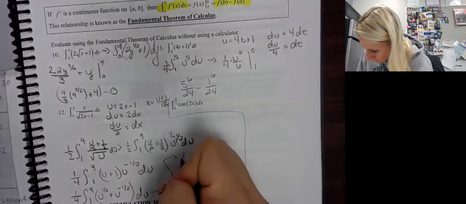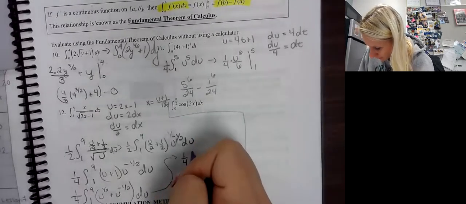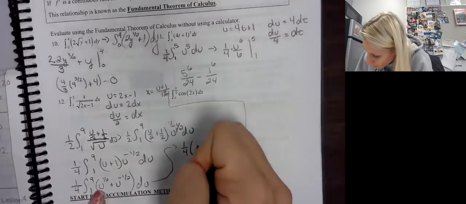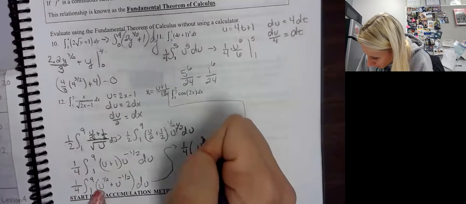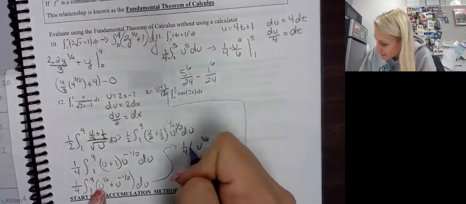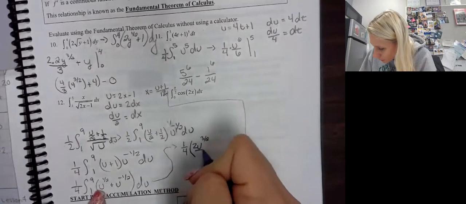Remember that 1/4 is out front, and it's multiplied by everything. So add 1 to the exponent, divide by that exponent. Well, dividing by 3/2 is the same thing as multiplying by 2/3.